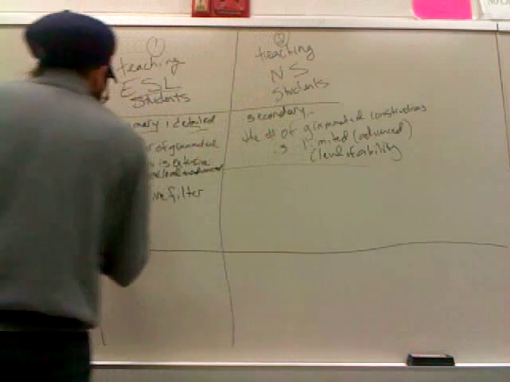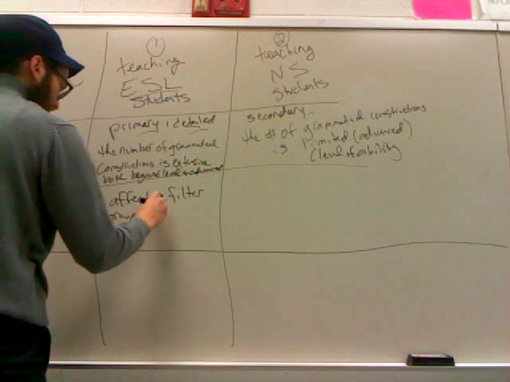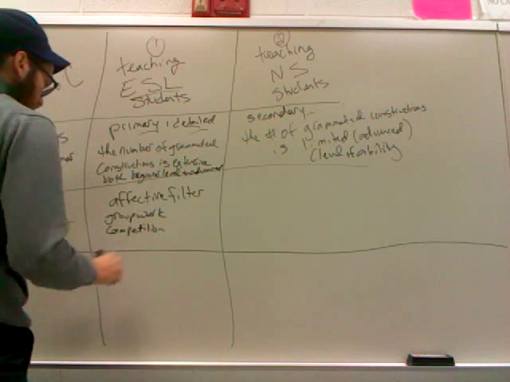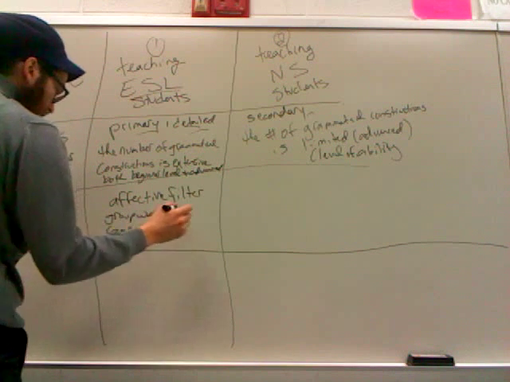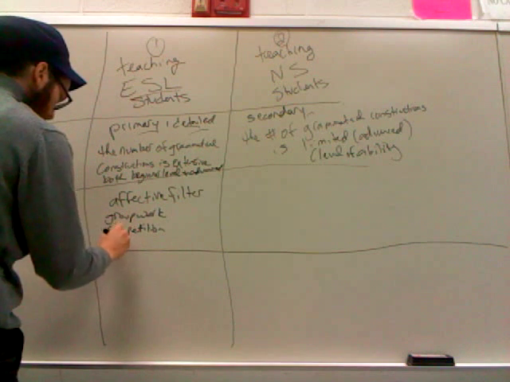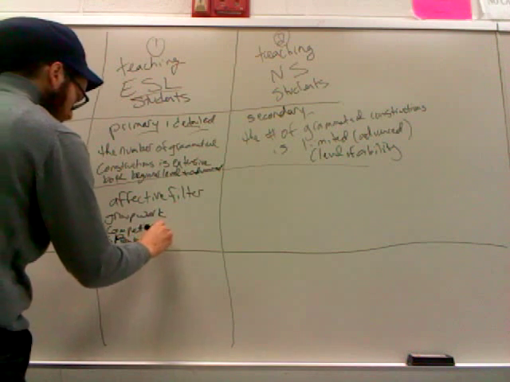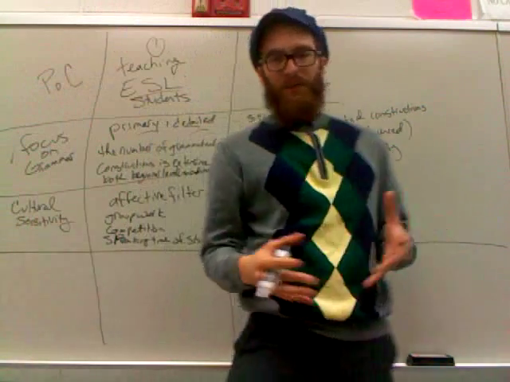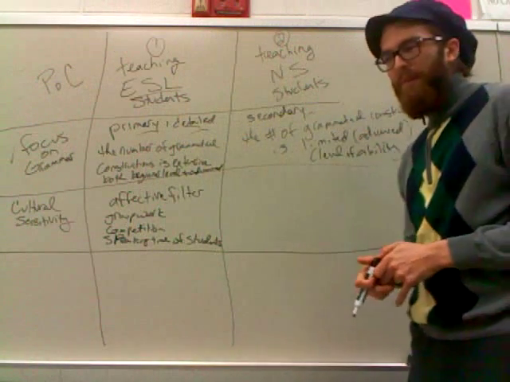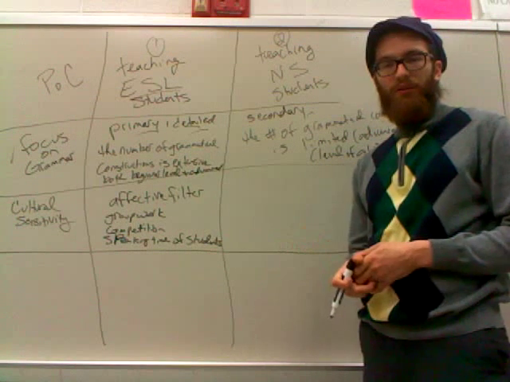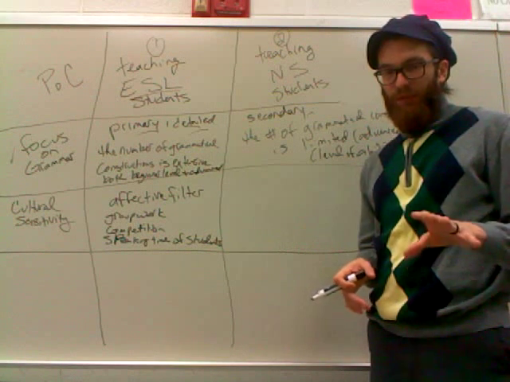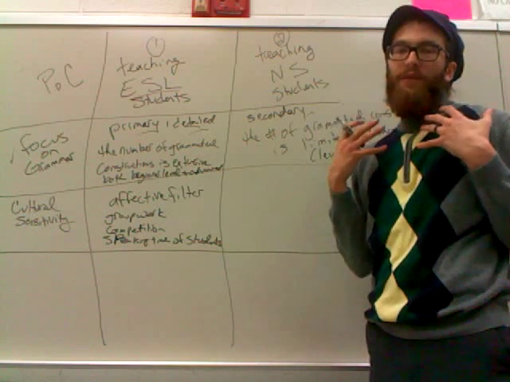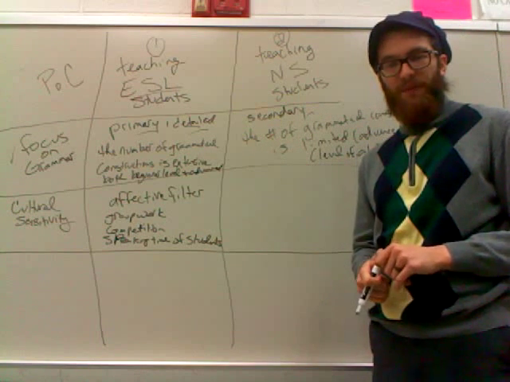Things like group work, competition, individual speaking time of students. You have to be very careful about which culture these students are coming from. Students from Asian cultures typically, okay, people who grew up in an Asian country, they typically do not want to vocalize their opinions to the professor.